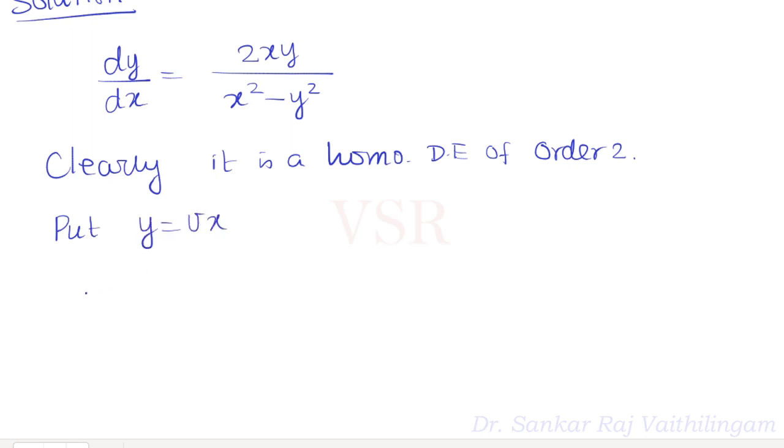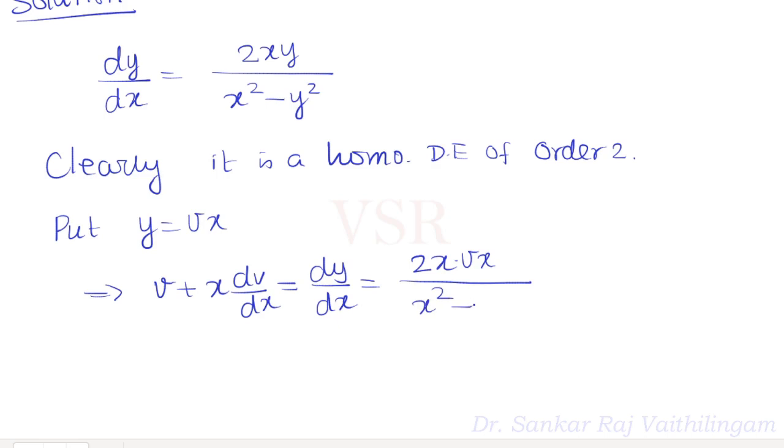So this implies that v plus x dv by dx, which is equal to dy by dx, which is equal to 2x into vx divided by x square minus v square x square. The x terms all cancel, so on top I get 2v divided by 1 minus v square.